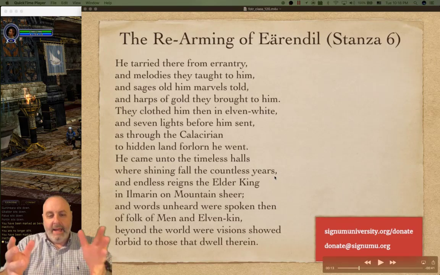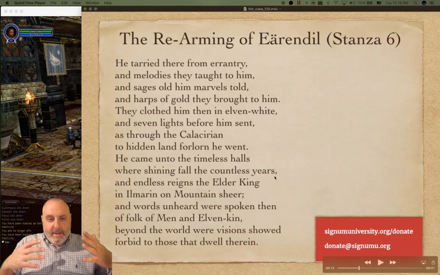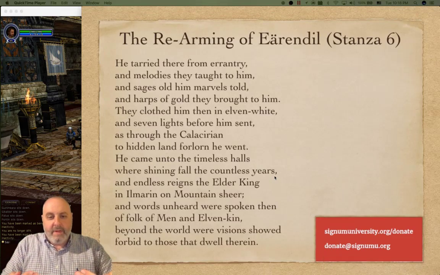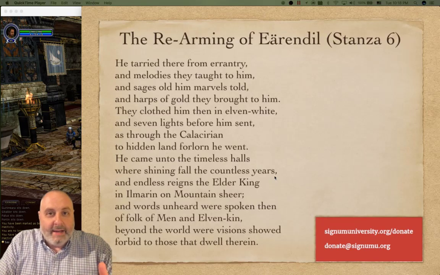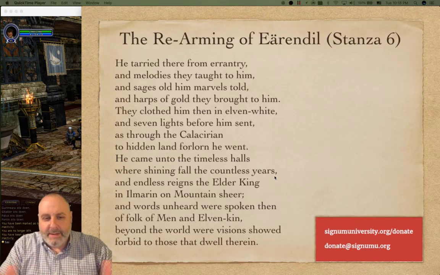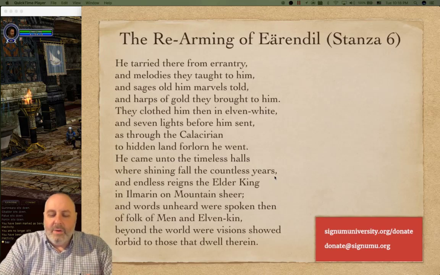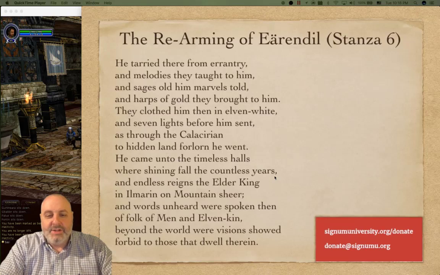But again, in passing through the Calicurian to hidden land forlorn, right? He leaves time behind, right? In a sense, he's now in timeless halls, watching, apparently, or being told at least, that the countless years fall shining there, and endless reigns the Elder King.